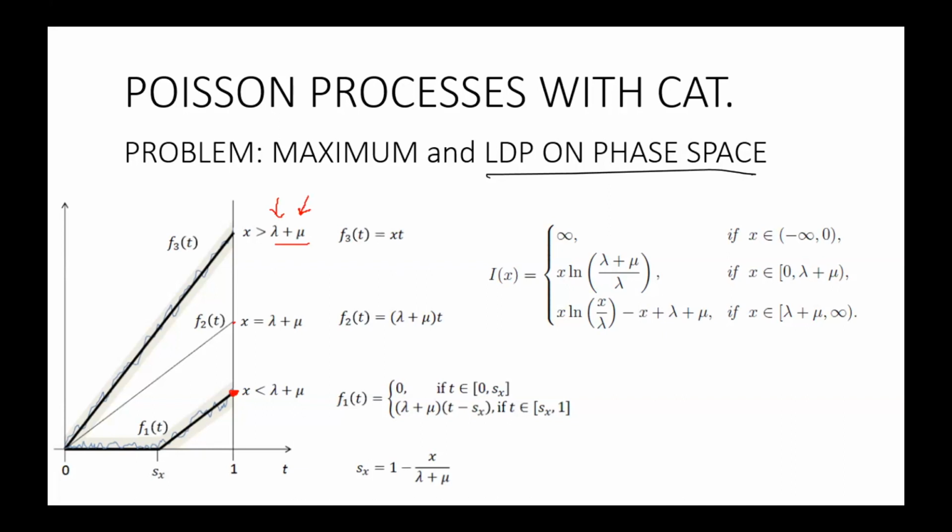If X is greater than lambda plus 1, the optimal trajectory should start from 0 and grow, coming to X. If X is less than lambda plus 1, the optimal trajectory will stay near 0, and then go to X. It means that in the growing part we cannot have a lot of catastrophic events.